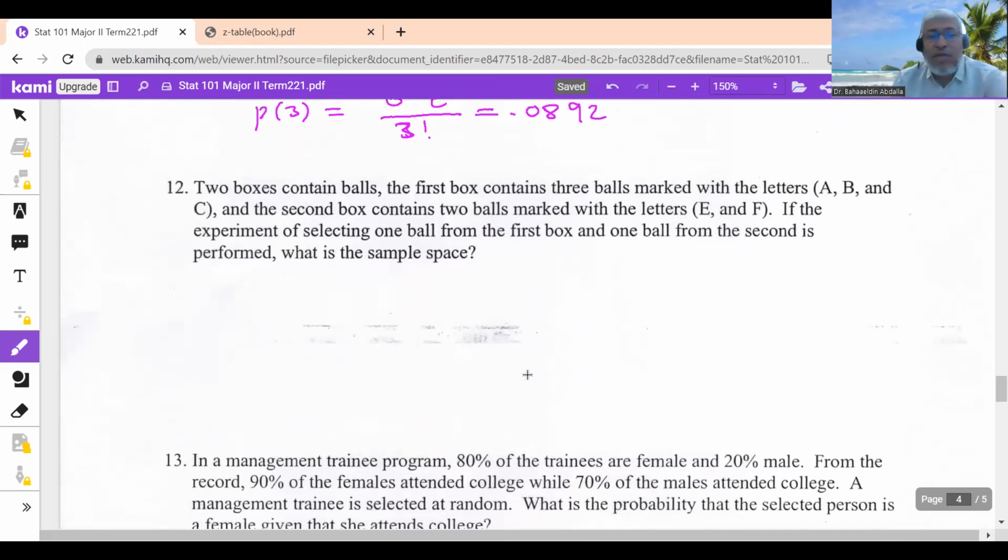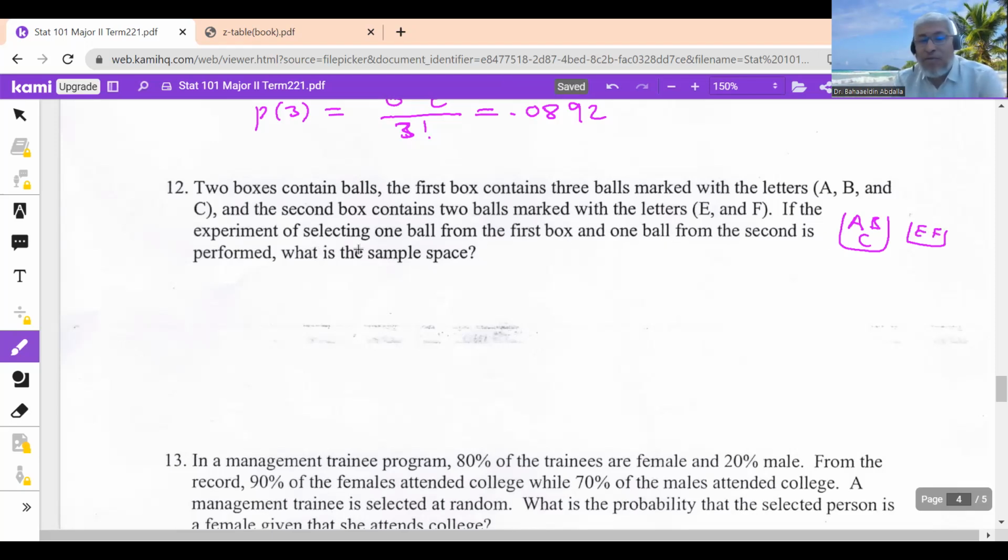2 boxes contain balls. The first box contains 3 balls marked with letters A, B, and C. So we have in the first box A, B, and C, 3 balls. And in the second box, we have 2 balls, and they are marked E and F. What is the experiment?